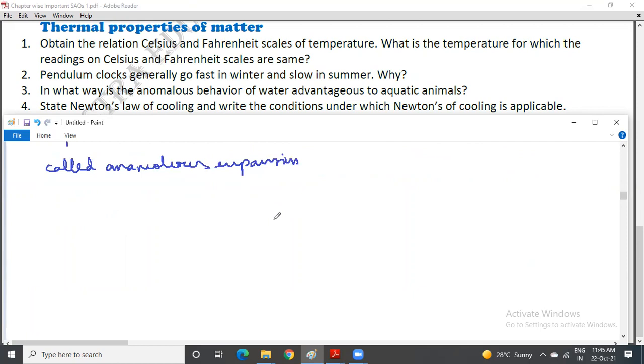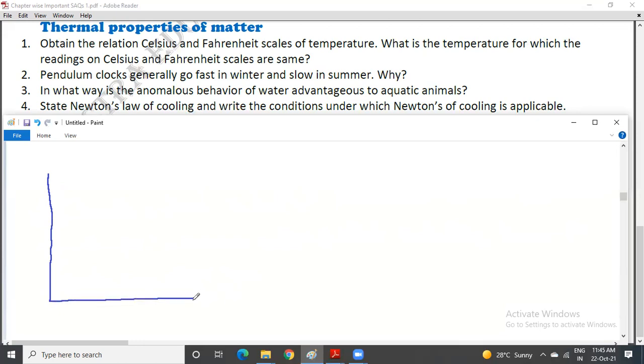Now let us understand how the density and volume change with temperature for the case of water. You take a y-axis and x-axis. Along the x-axis you take temperature in degree centigrade, and density in SI units along the y-axis. At 0 degree centigrade, there will be some density for water.